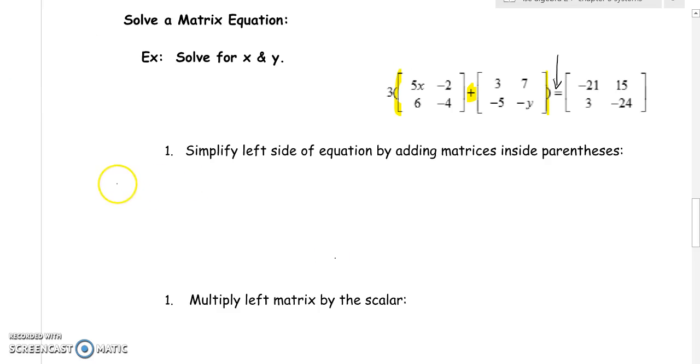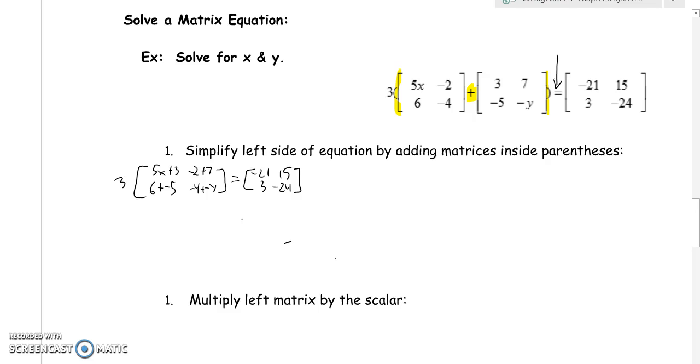So we have 3 times 5x plus 3, -2 plus 7, 6 plus -5, and -4 plus -y equals -21, 15, 3, -24.